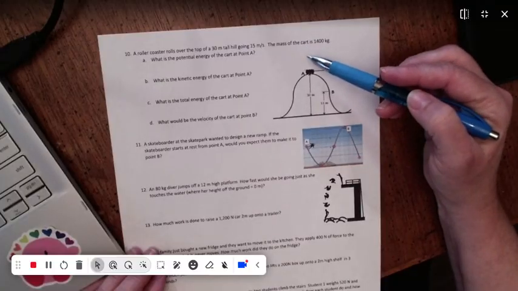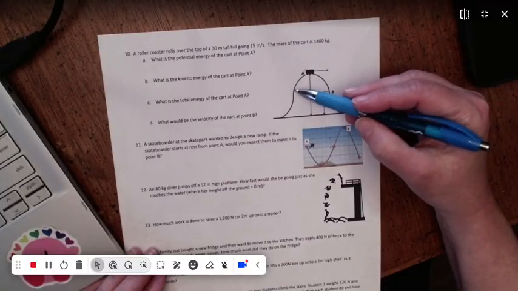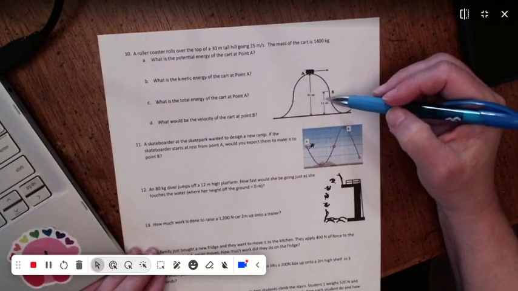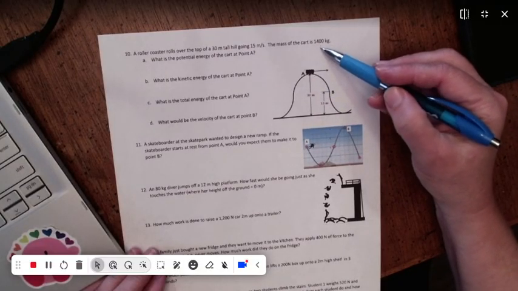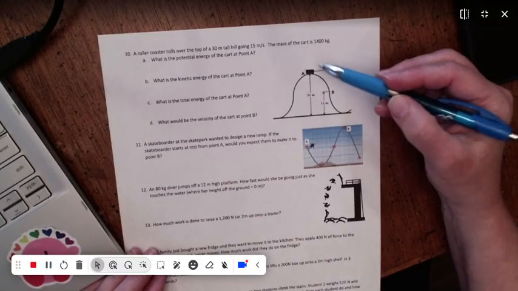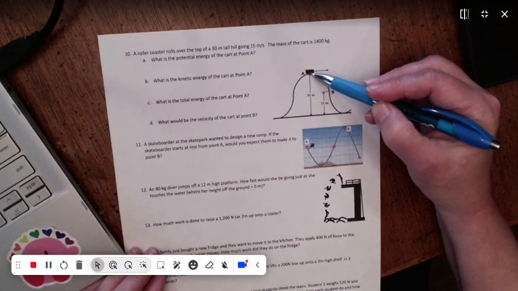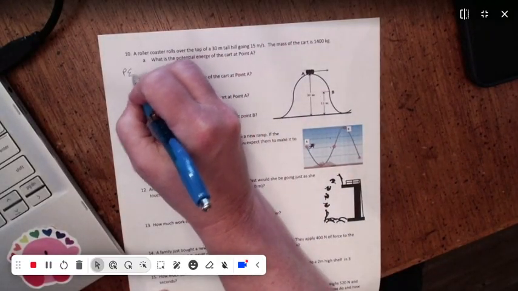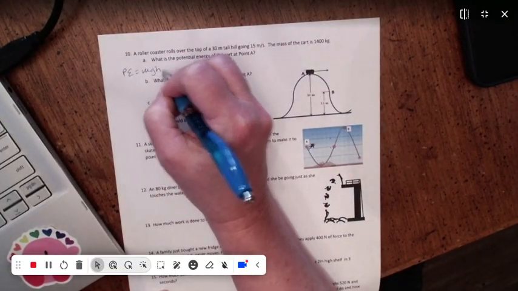A roller coaster rolls over the top of a 30-meter tall hill, and it's going 15 meters per second as it does that. It has a mass of 1,400 kilograms. So what's the potential energy at point A? That's mass times g times h.